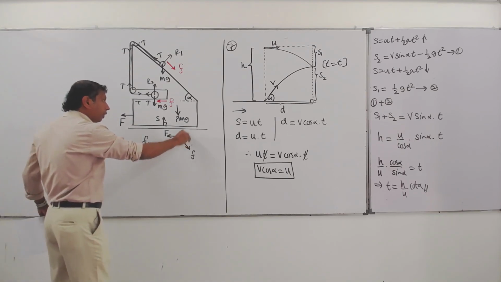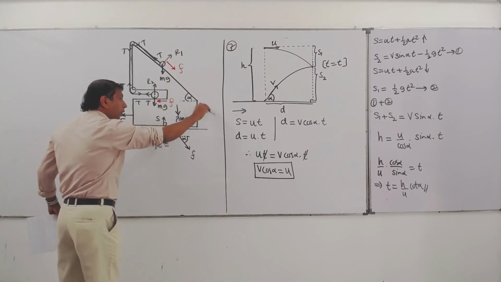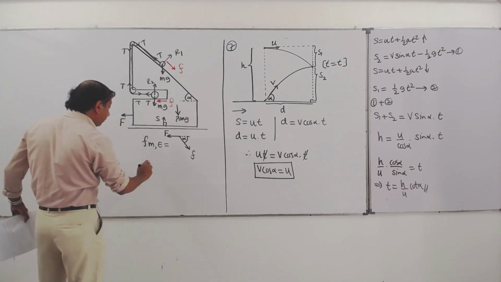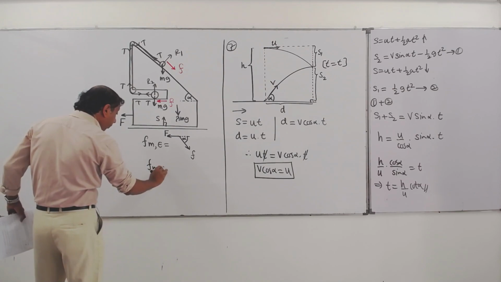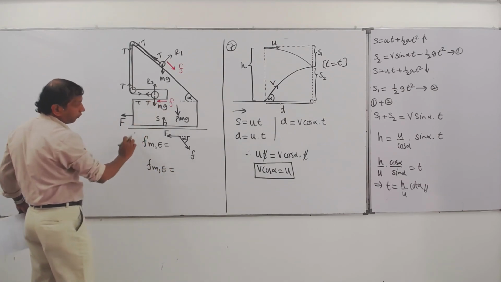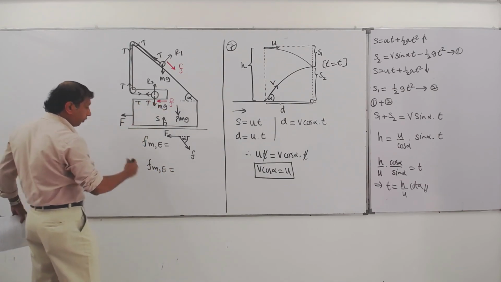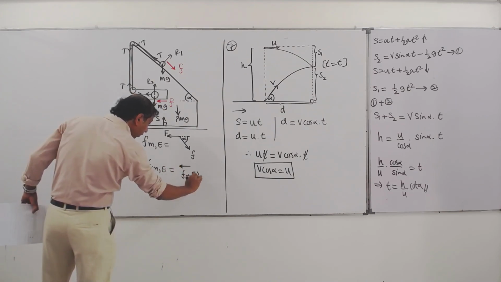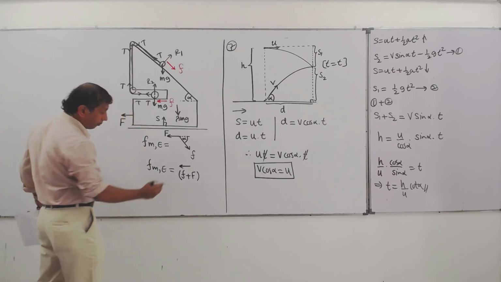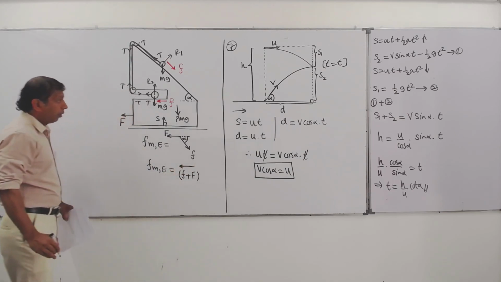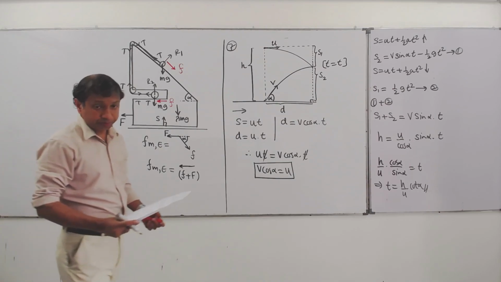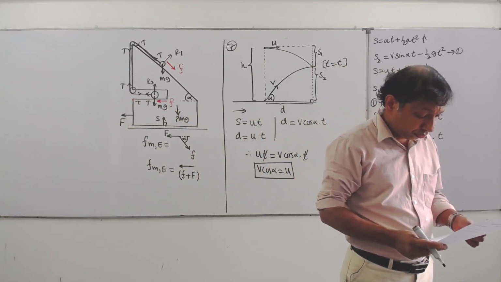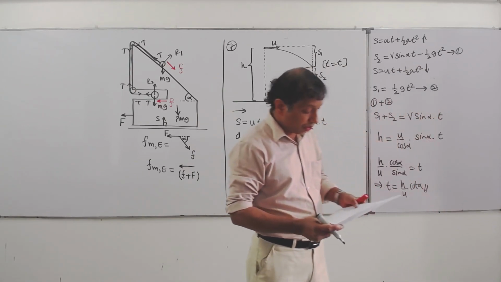This f is along this direction, then this angle alpha. And this particle will have the acceleration, small f and capital F, sum this way. Right, now what is being asked? Write down the equations required to find the tension in the string.